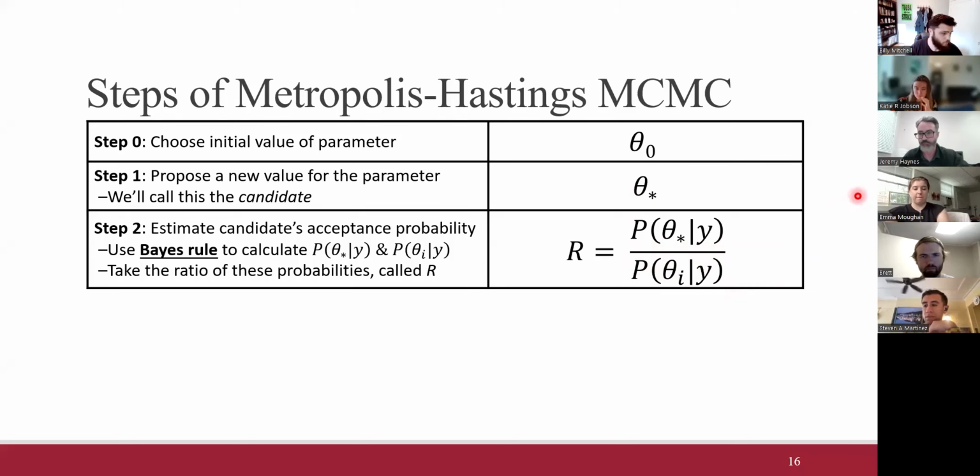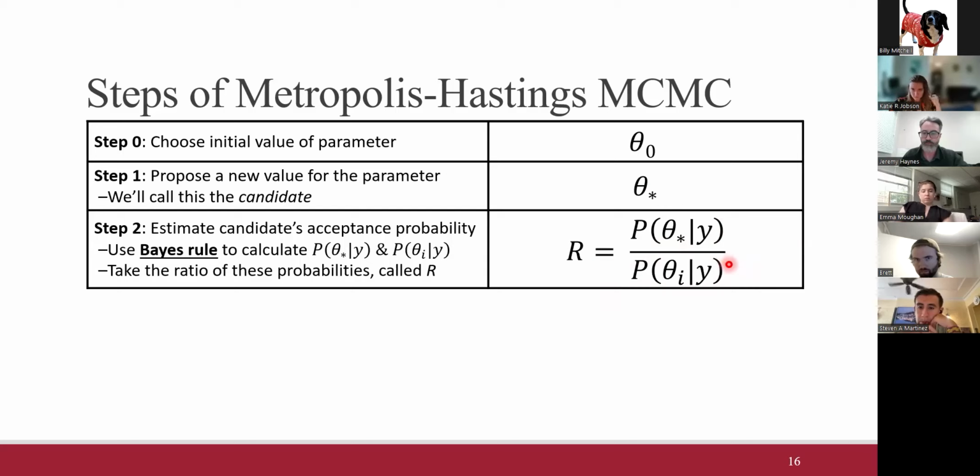This acceptance probability is determined by R, which is the ratio of these probabilities. If you think about the mathematics of it, just think of this as the probability of the candidate versus the probability of the previous sample value, the previous parameter value that we've been working with.